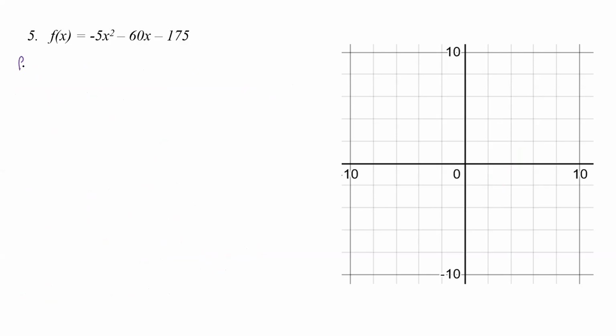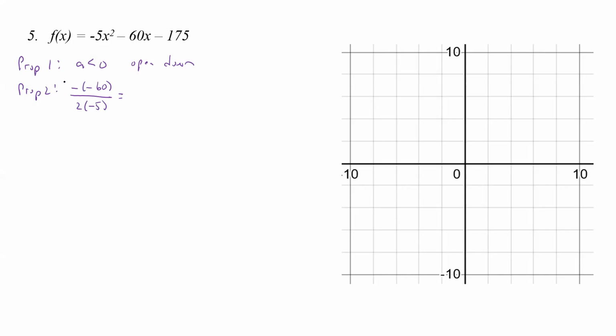So property 1. Well, here a is less than 0, so it's going to open down. Property 2, we have minus b over 2a, so it's going to be minus negative 60 over, and then on the bottom 2 times negative 5.